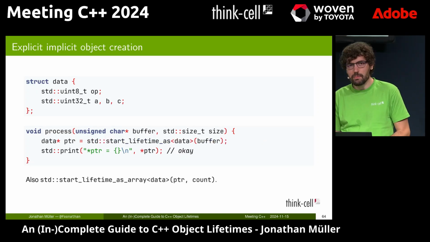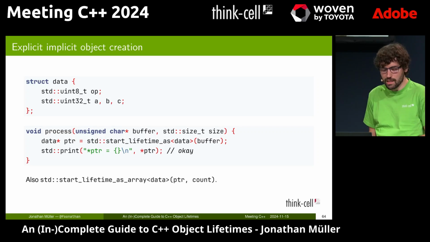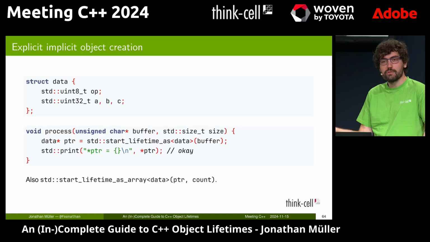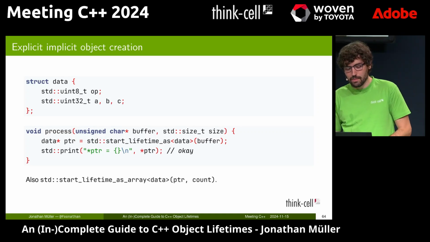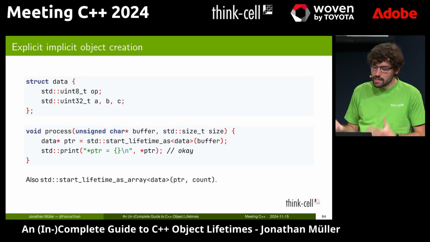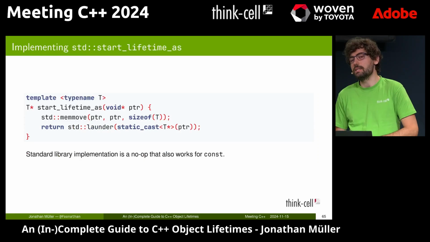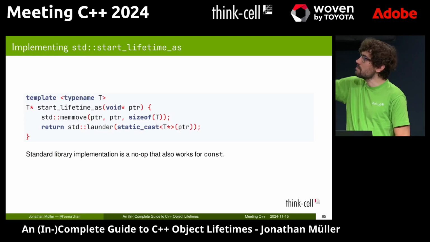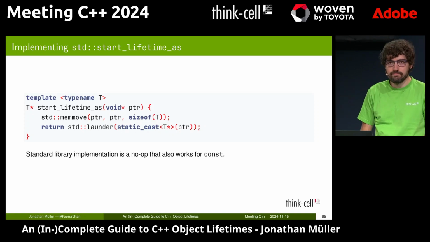In practice, start_lifetime_as is a C++23 feature that I don't think has been implemented. So, do whatever you have to. And we can actually sort of implement start_lifetime_as ourselves by using a memmove of pointer to pointer, essentially just moving the pointer to itself.